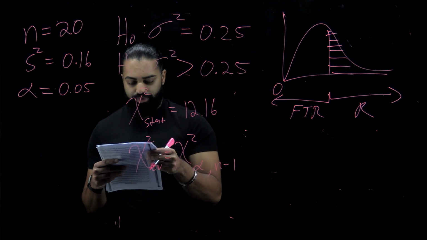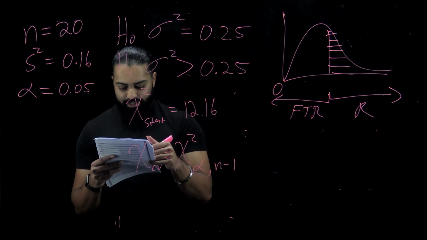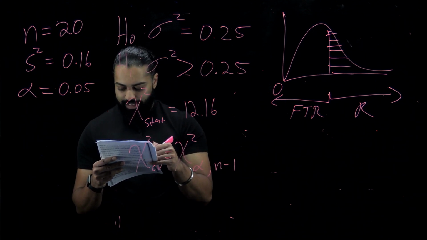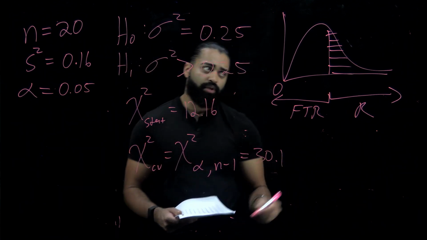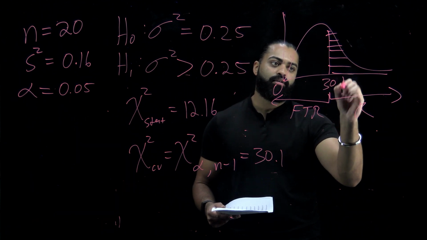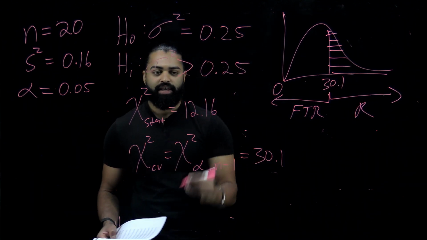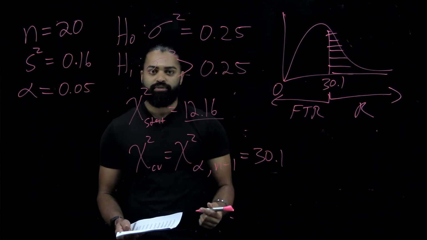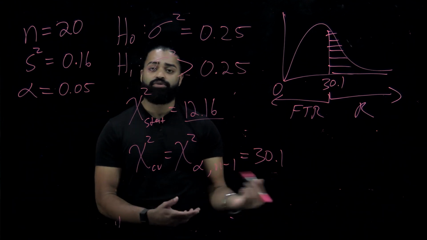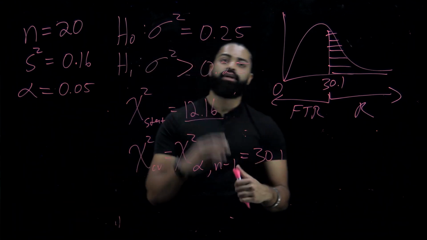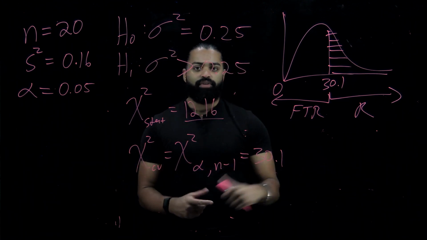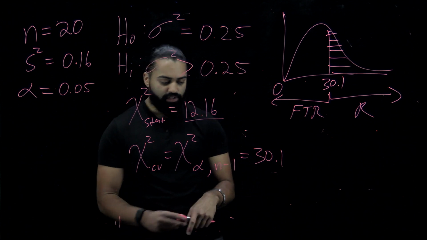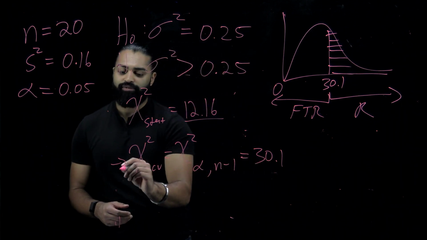My alpha is 5%. If I go all the way down to n minus 1, which is 19, it is 30.1. So anything greater than 30.1, we would reject. In this case, 12.16 does not fall in the rejection region. So we still would say, fail to reject the null, not enough evidence to support that the variance is greater than 0.25. So again, very similar. The only difference is this portion for left and right tail tests.